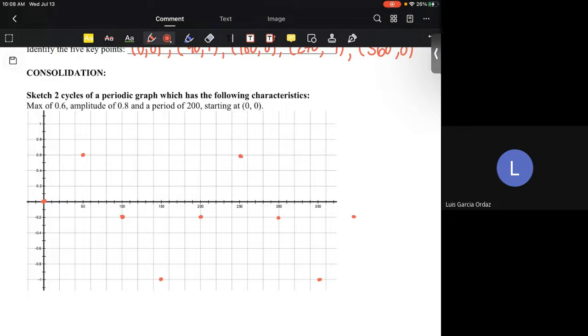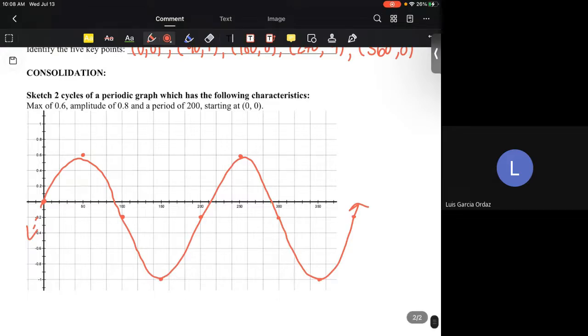So now, because we start at 0, let's draw this graph out. This is how this graph would look based off our description. The key to plotting a sine graph is the 5 key points.